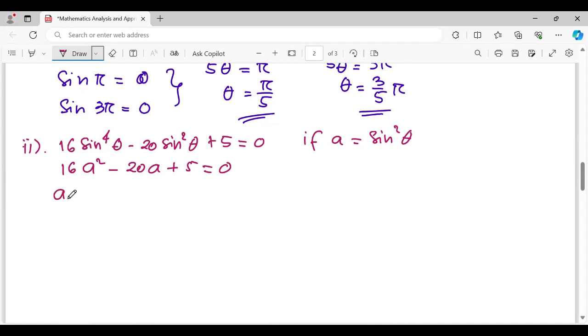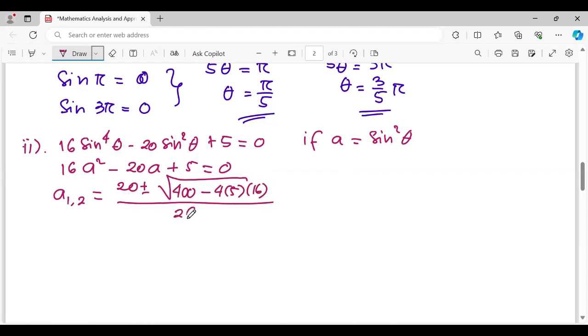So we are going to find the roots: A equals 20 plus or minus the square root of 400 minus 4 times 5 times 16, over 2 times 16.